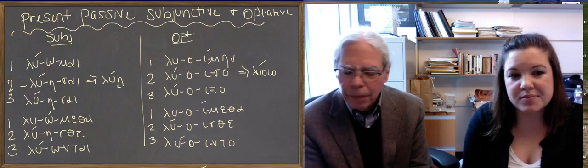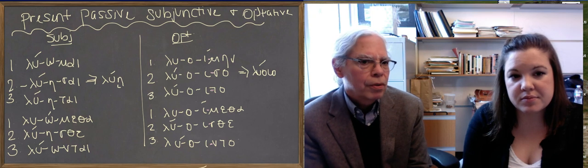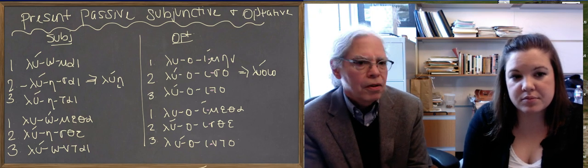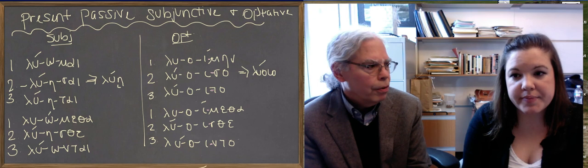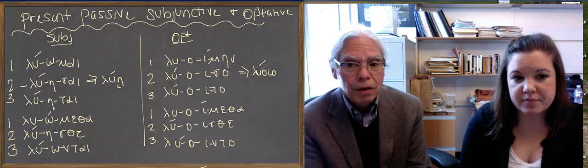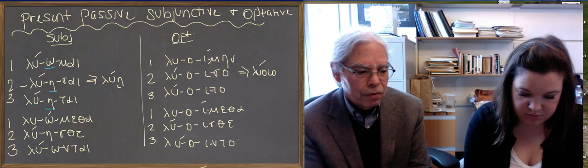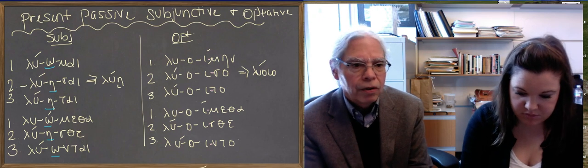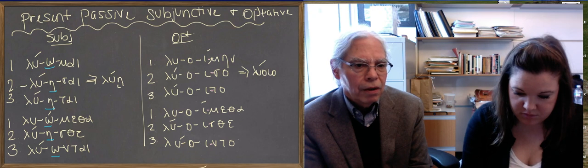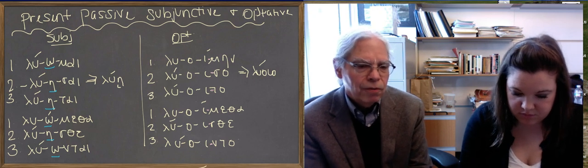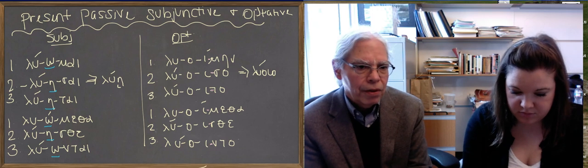So again, what distinguishes the subjunctive from the indicative is the fact that the thematic vowel, the O or E, which we learned is O-E-E, O-E-O in the persons, gets lengthened to omega and eta. So you can see the way this is functioning, and you've got forms consisting of lu plus the thematic vowel plus the passive personal ending, mai, sai, tai, methoa, sthe, and ntai.